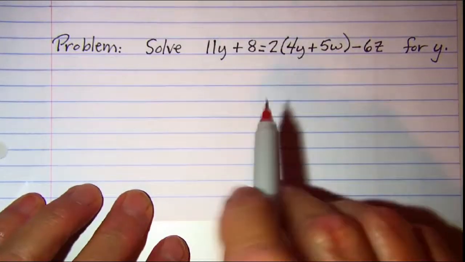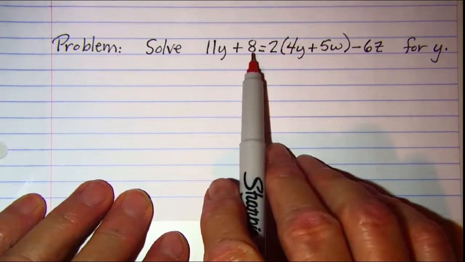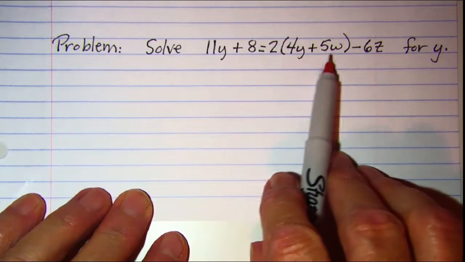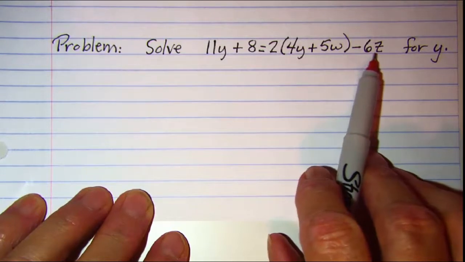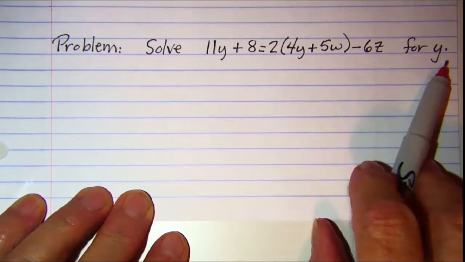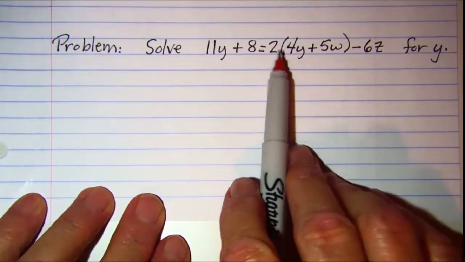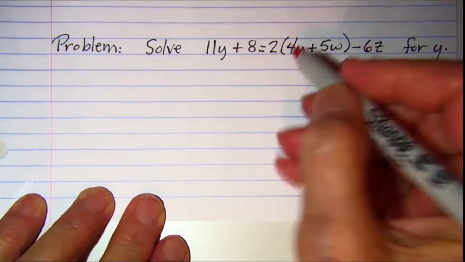And for our last problem, we're asked to solve 11y plus 8 equals 2 times the quantity 4y plus 5w, and then subtract 6z. We're solving this equation for y. So before we can isolate the y, we need to remove these parentheses. So we'll distribute.